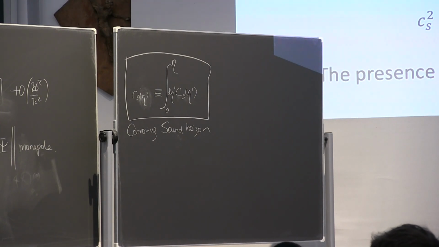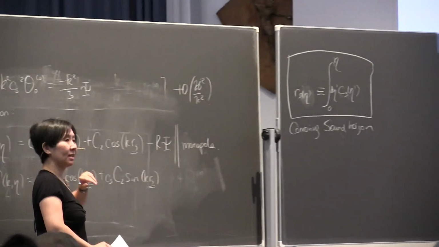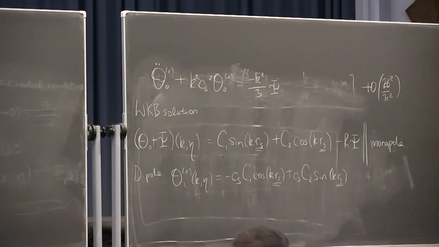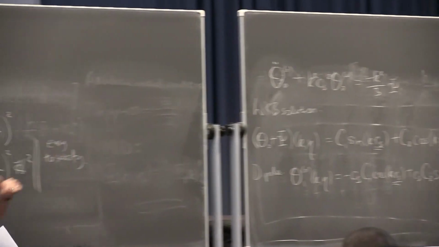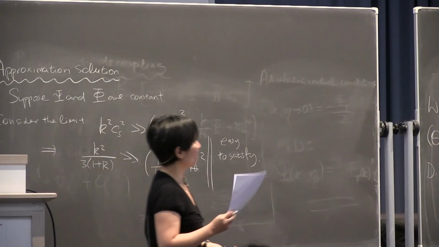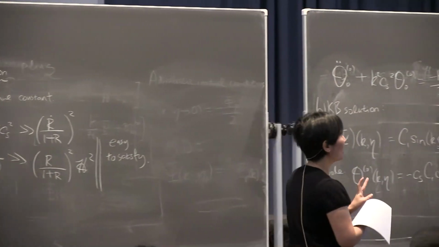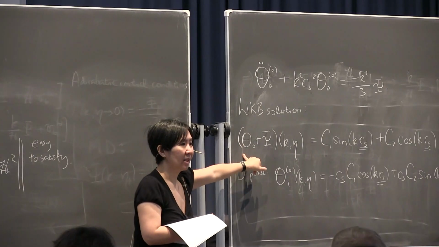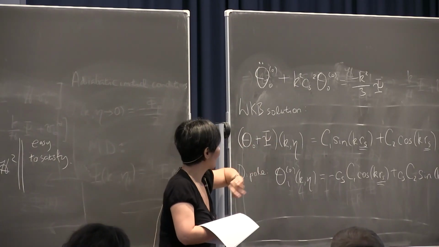I still haven't determined the coefficients, C1 and C2, but you can more or less guess what they need to be, because we saw earlier, just like 10 minutes ago, that there are superhorizon fluctuations for the effective monopole, theta naught plus psi.